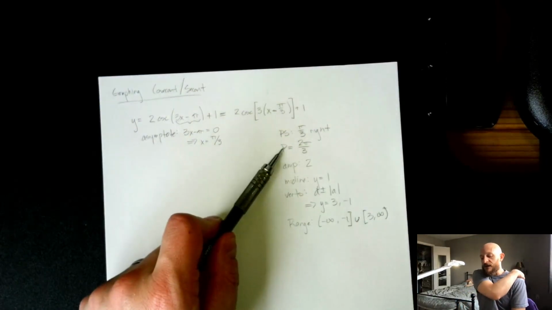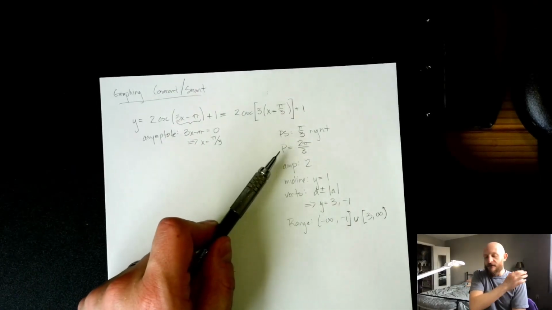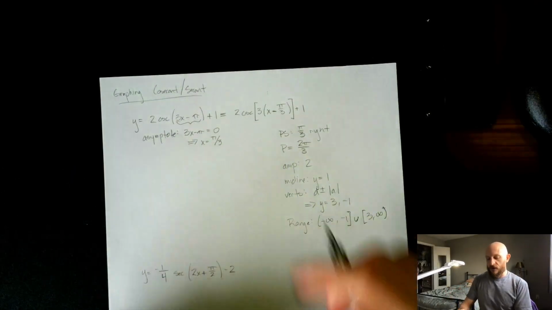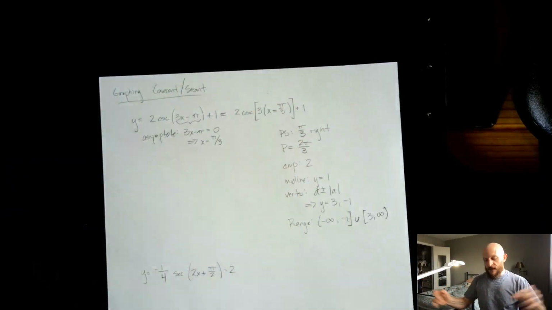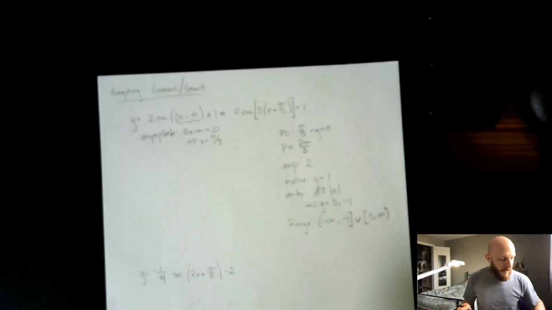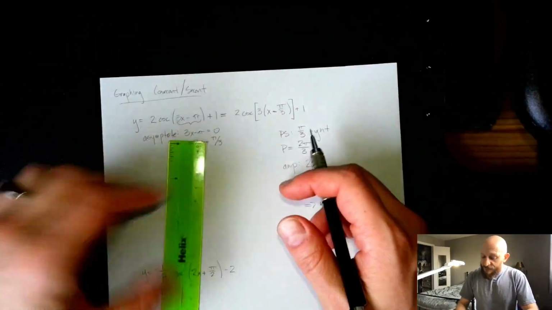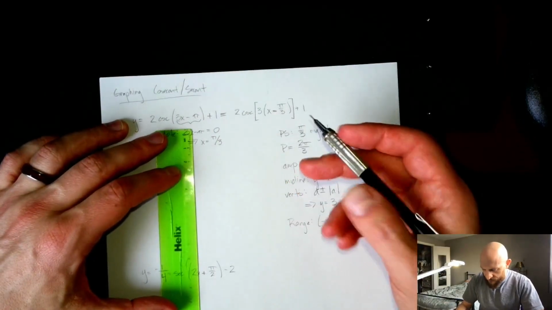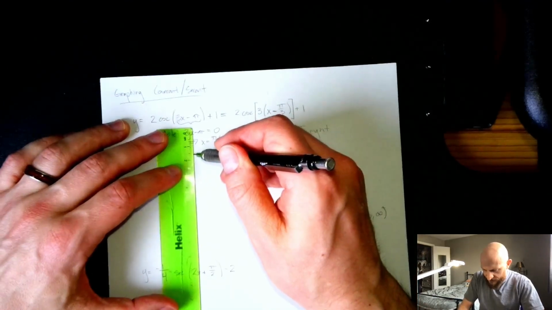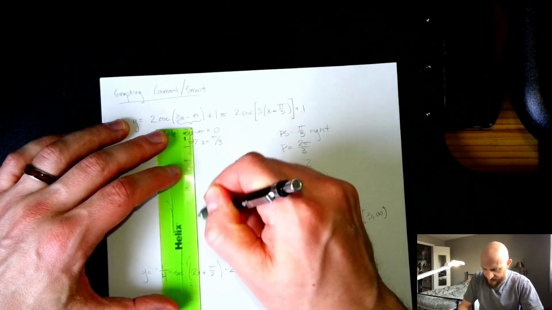I have the period as well, which means that every 2 pi over 3 units away from pi over 3, there will be another asymptote. And that's only half the story when it comes to the asymptotes. I'll show you why. Let me start graphing this thing first.